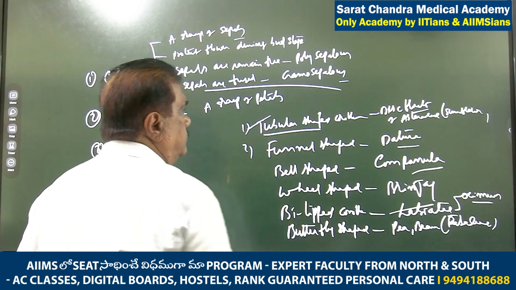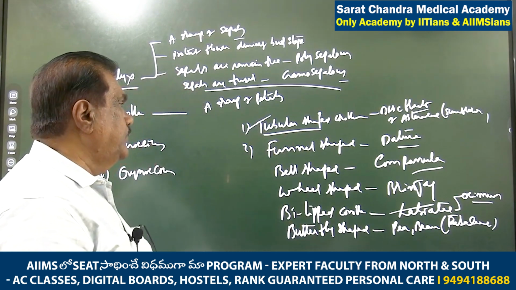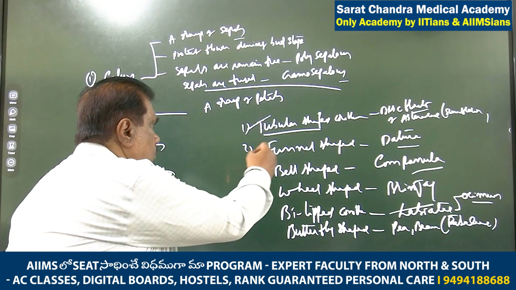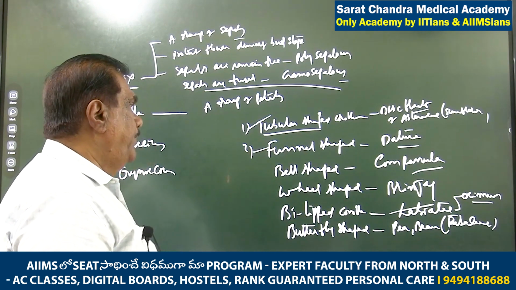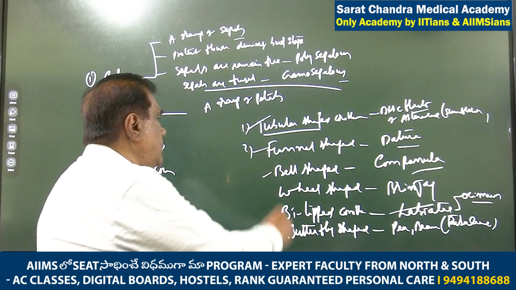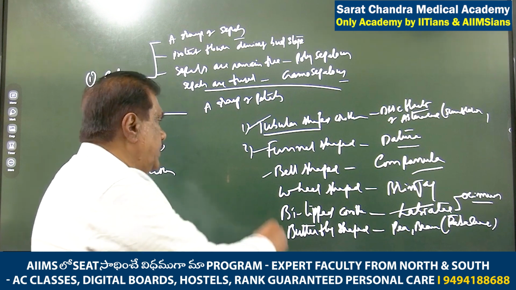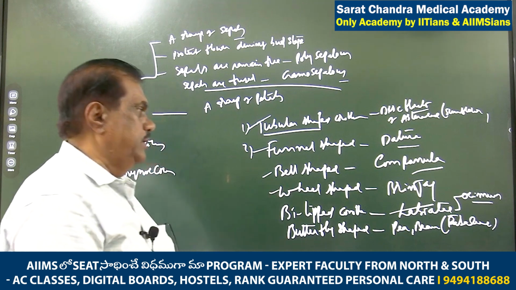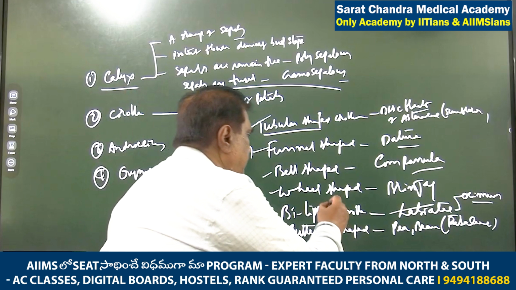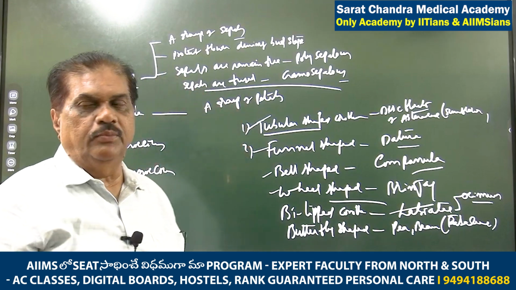Tubular-shaped corolla can be observed in disc florets of sunflower. Funnel-shaped corolla is in Datura. Bell-shaped corolla can be observed in campanula. Wheel-shaped corolla can be observed in brinjal-like plants. These four are given in NCERT without examples.